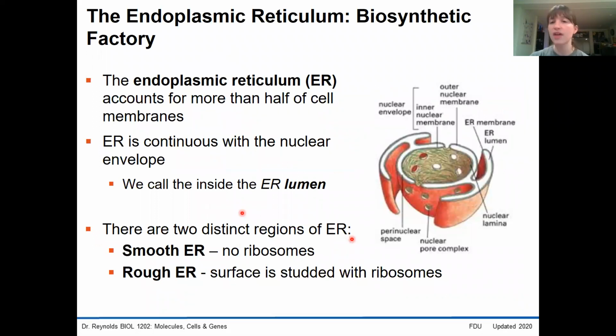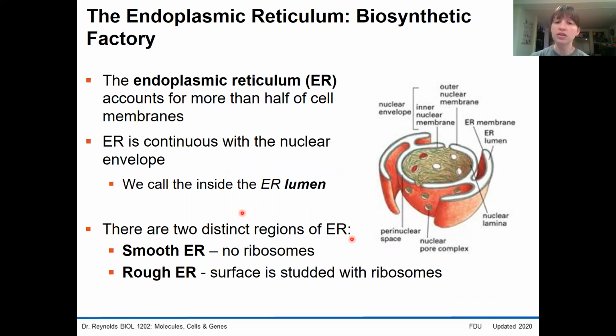Now, this rough endoplasmic reticulum accounts for about half of all of the membranes in the cell. When we talk about this surface area, it's very, very large. And again, it's going to be continuous with that nuclear envelope. We call the inside of the ER a lumen.